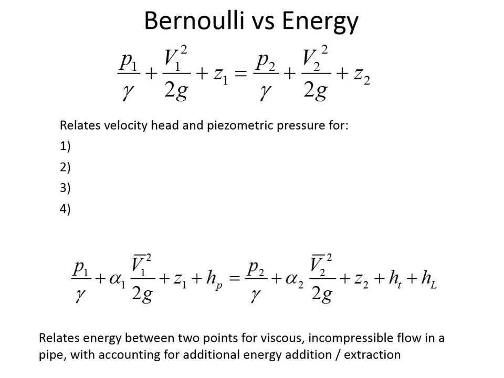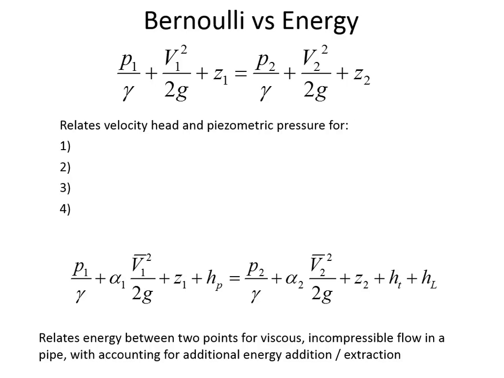Is alpha based on the type of fluid or the diameter of the pipe? Good question. Alpha is actually based on your Reynolds number. When you have laminar conditions, you'll use alpha equals 2.0 for Re less than 2,000. How often does that happen?